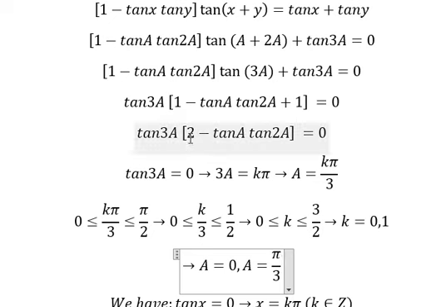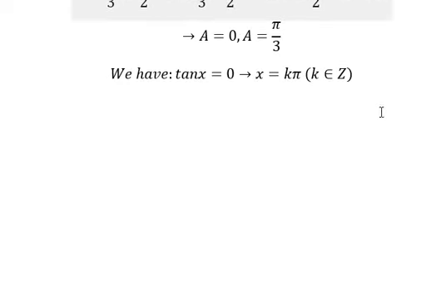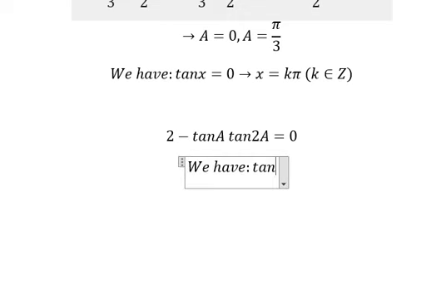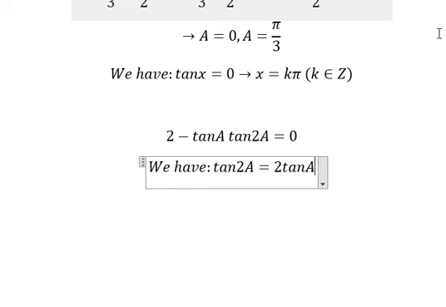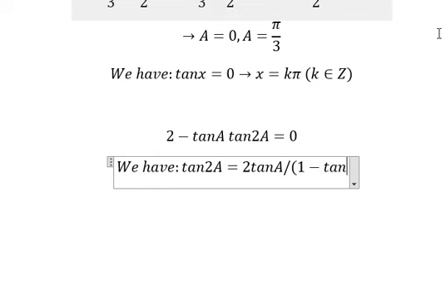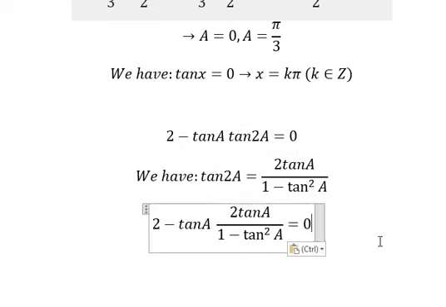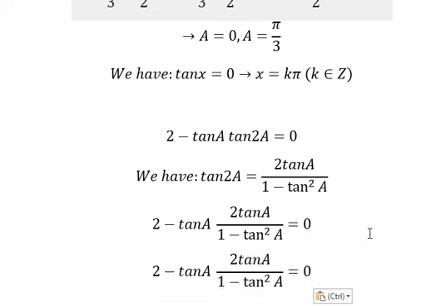And now let's go to the last one. So we have the formula of tan 2θ. So we need to transform this one into this one. And now negative tan θ goes here.